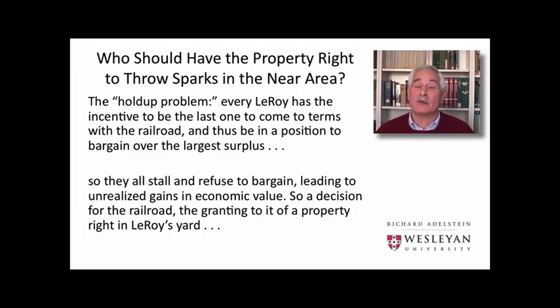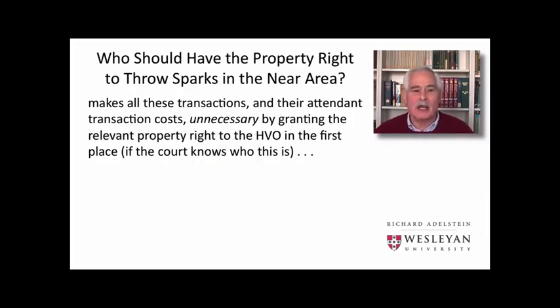So a decision for the railroad along Holmes's lines, that is to say, a decision that grants to the railroad a property right to throw sparks from carefully operated trains onto LeRoy's yard, makes all of the transactions that the railroad would have to undertake with the LeRoys, had the LeRoys been granted the property right initially, unnecessary.